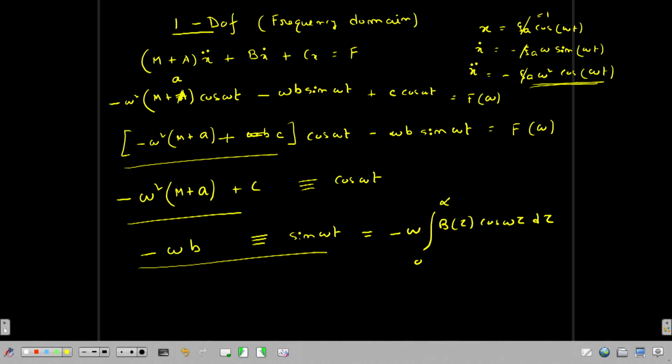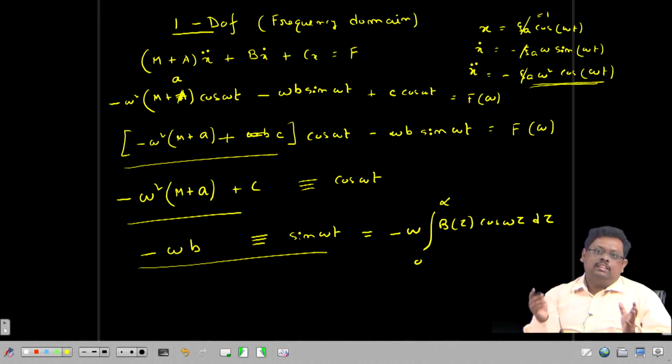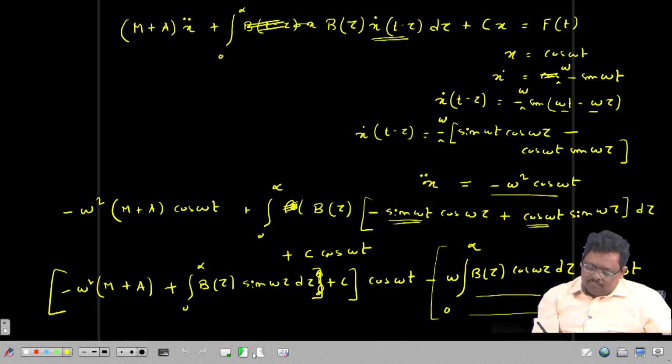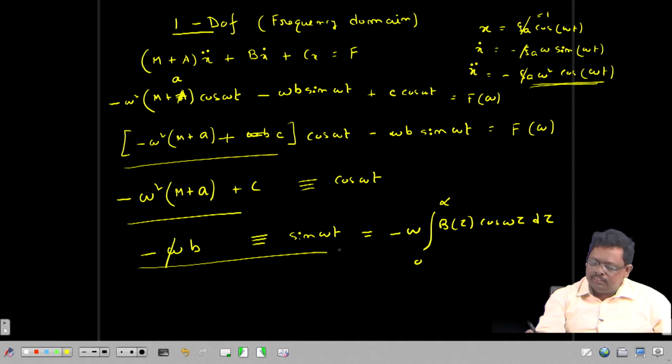Now, this is the term related to the damping coefficient, right. So, here I get one relationship, which is small b equal to, if I cut out this omega, this and this, then finally we have b equal to integral from 0 to infinity of b tau into cos of omega tau d tau.